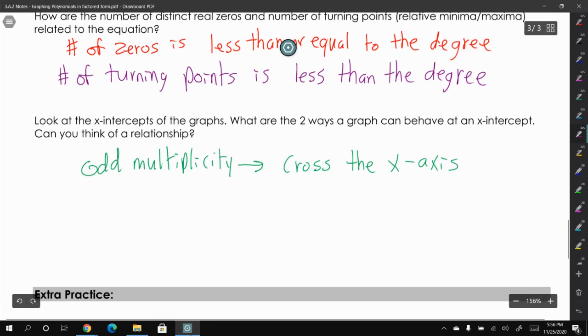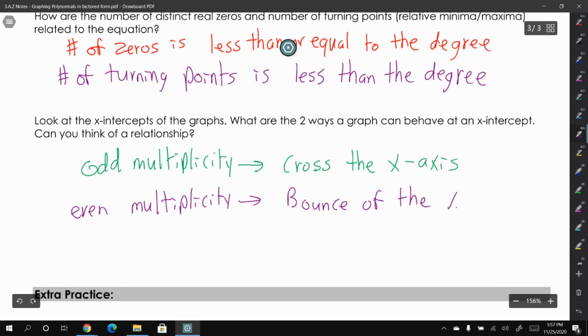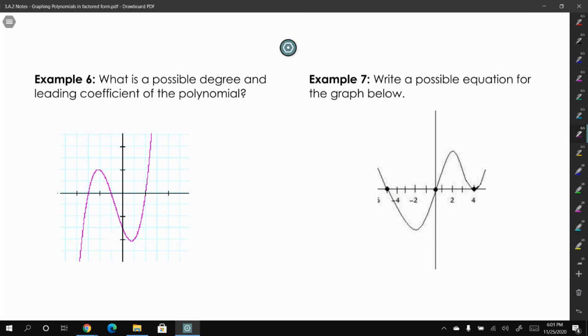If we have an even multiplicity, we bounce off the x-axis. So it's important to know the difference between these two, because if I ask you to graph it by hand, you need to know if you're going to cross or bounce off the x-axis at that 0. All right, so let's look at some examples down here.